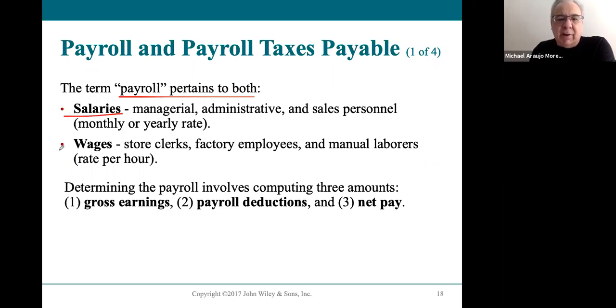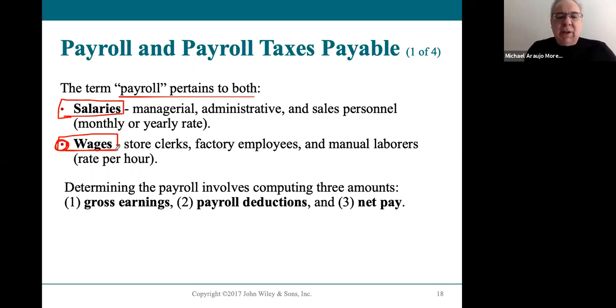You could be hired either as a wage worker or a salaried worker, and there are very important differences between the two. Okay, if you are hired and they quote you an hourly rate, then you are a wage worker. You're also considered what's called a non-exempt worker, which means that they have to pay you overtime for any work week in which you work over 40 hours.